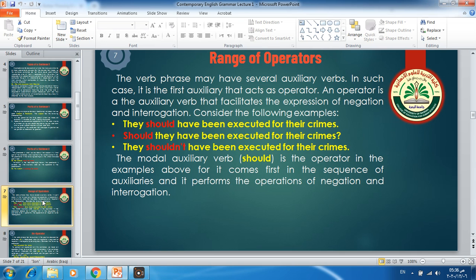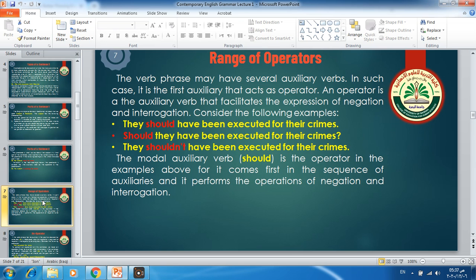So now if we want to perform an operation on this clause, of course we have to use the first auxiliary, which is the verb should, to perform this operation. So to change it into a question, we say, should they have been executed for their crimes? And to make it negative, we attach the negative particle to the verb should. So they shouldn't have been executed for their crimes.